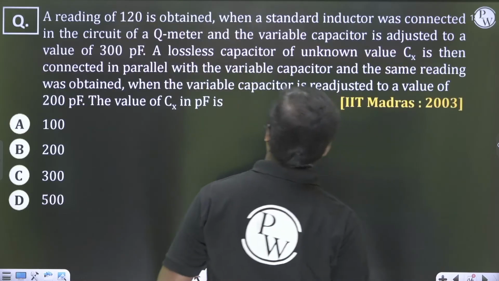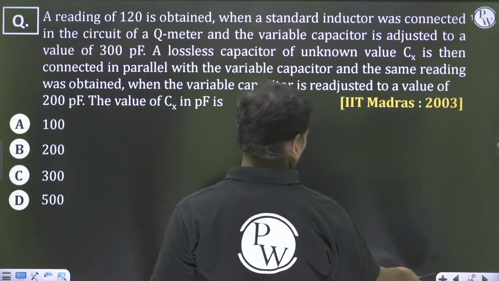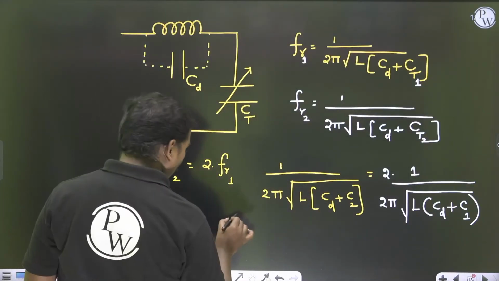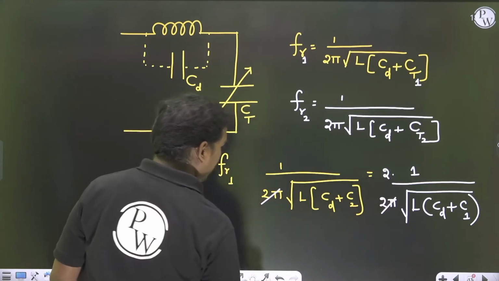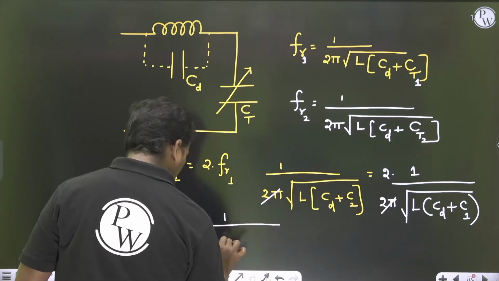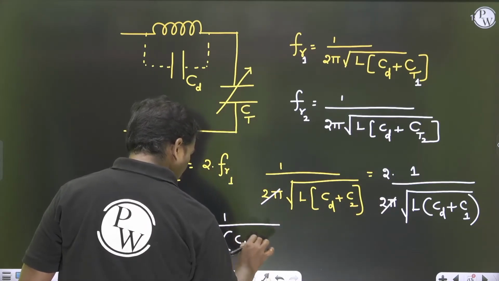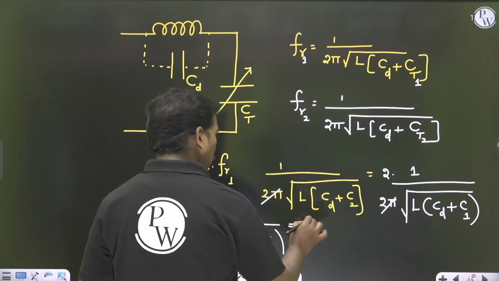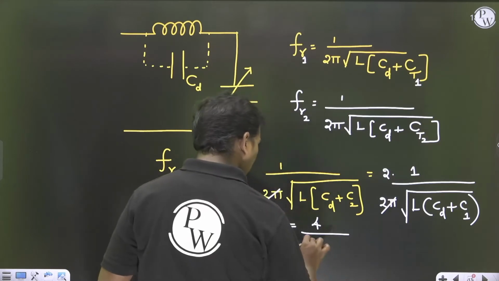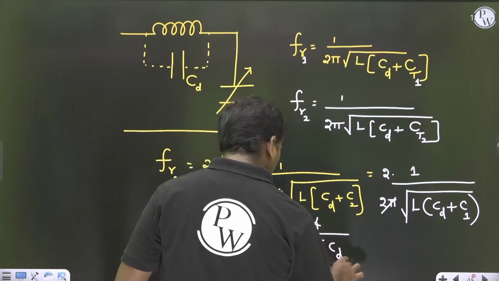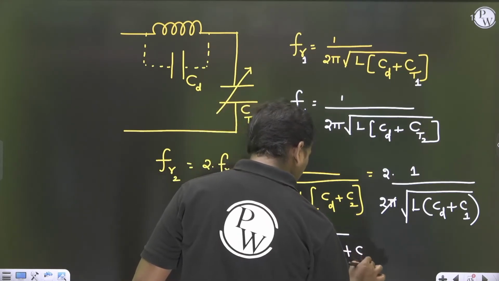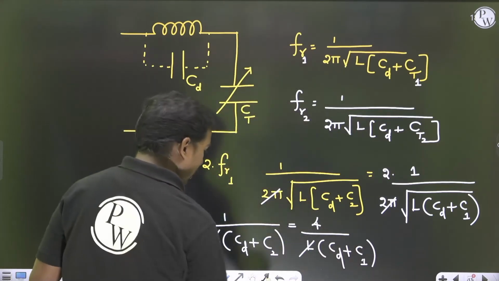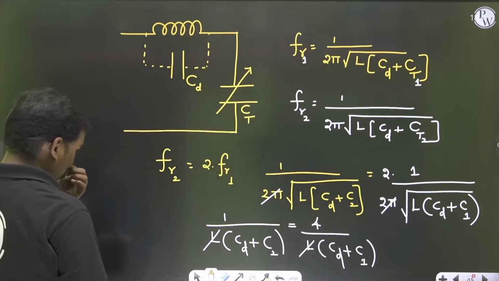Okay, let me finalize this. If I square it, 1 by L into CD plus CT2 equals 4 by L into CD plus CT1.